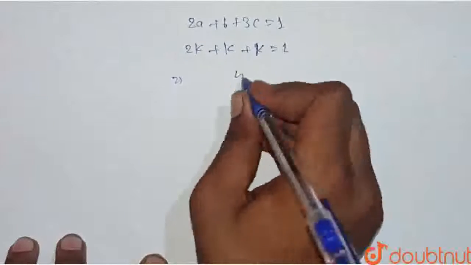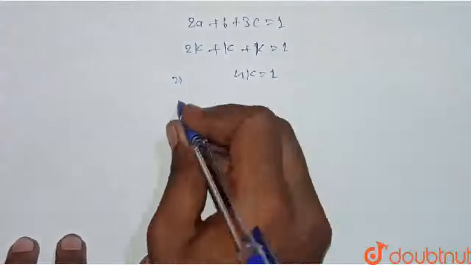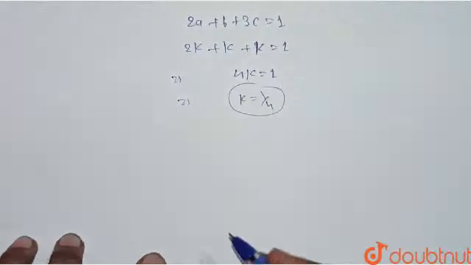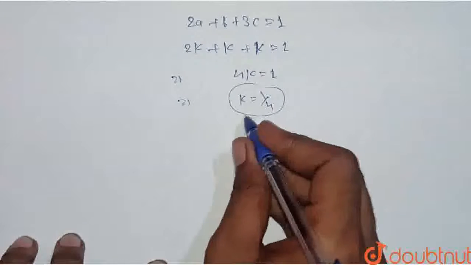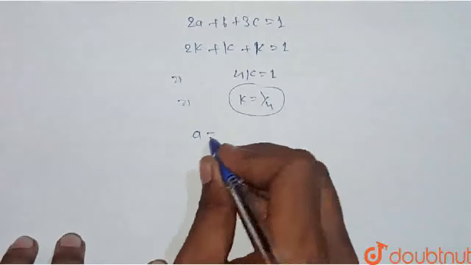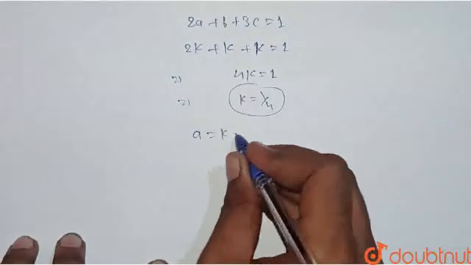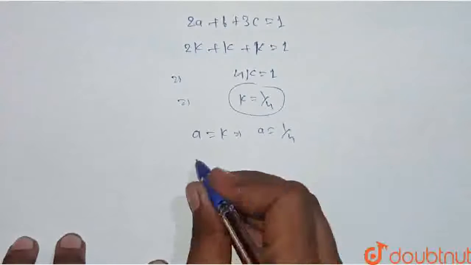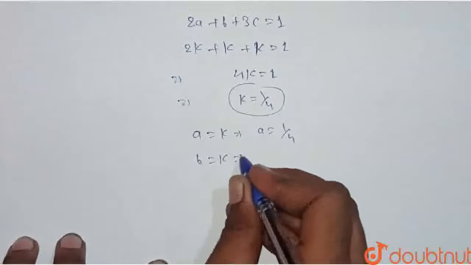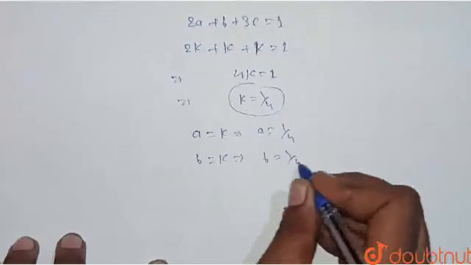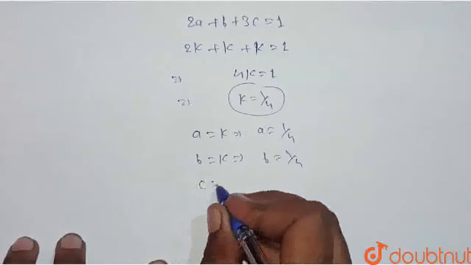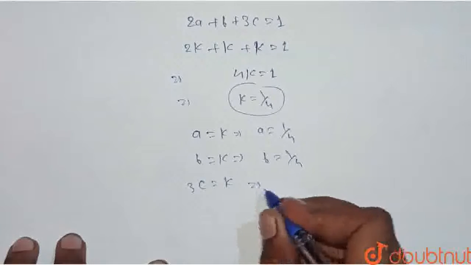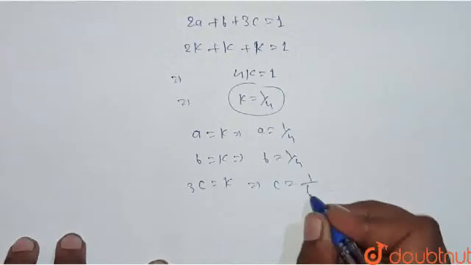So from here we get 4k is equal to 1, and the value of k is 1 by 4. So the value of a is 1 by 4, the value of b is also 1 by 4, and since 3c is k, the value of c is 1 by 12.